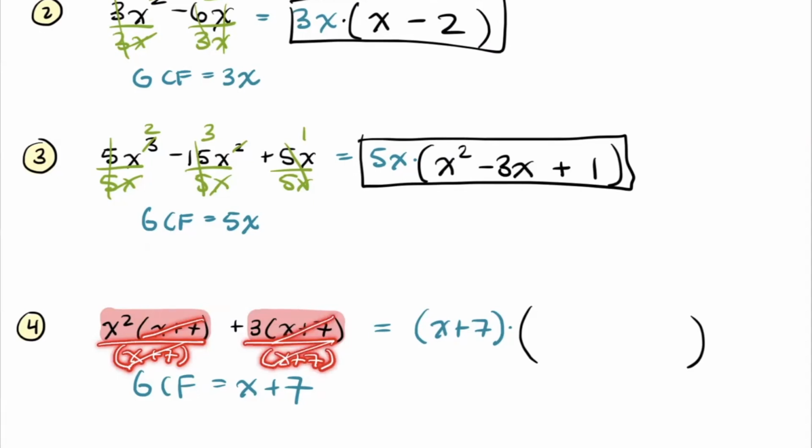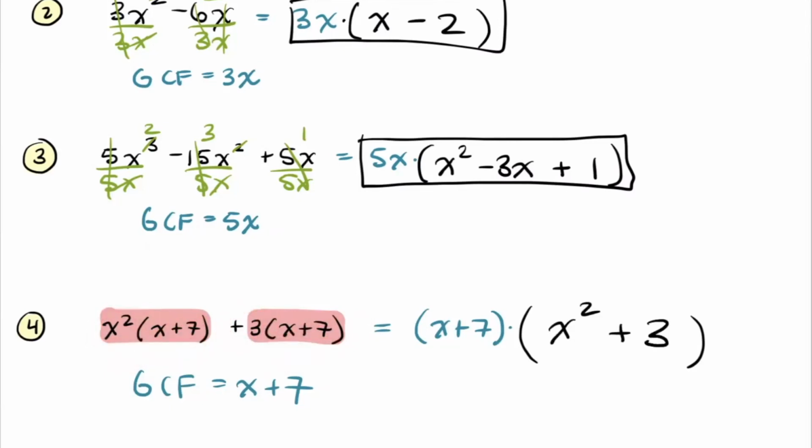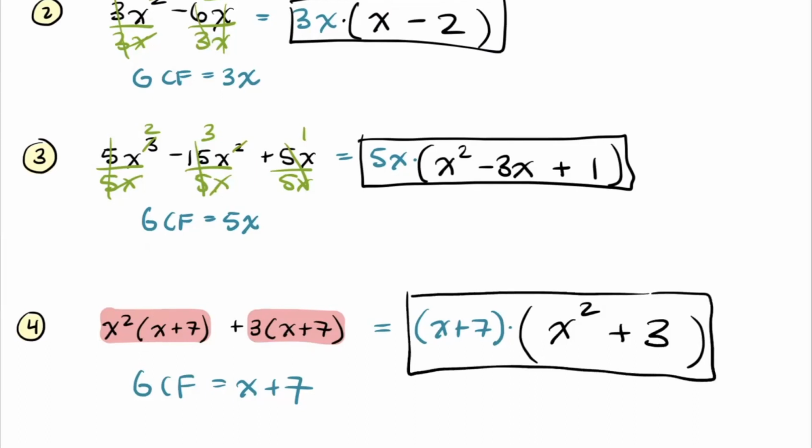Cancel it out, and we've got just x squared and then plus 3 remaining. So that's what's in the second set of our parentheses. And that's it. I know that looks a little odd to do, but we will need to recognize this GCF as a binomial when we look into factoring by grouping and the AC method.